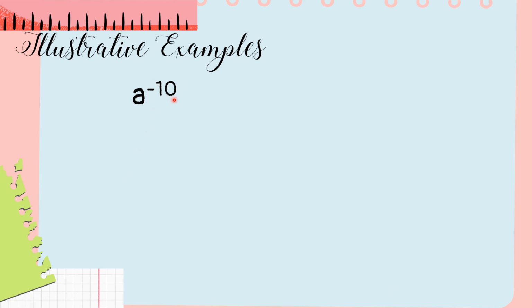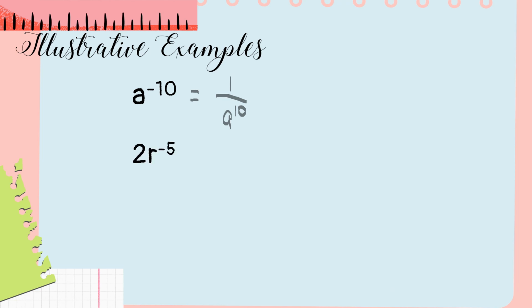So remember that any expression raised to a negative exponent is not yet simplified. So we apply the negative law of exponent to simplify such expression as this. So a raised to negative 10 is simply equal to 1 over a raised to 10.